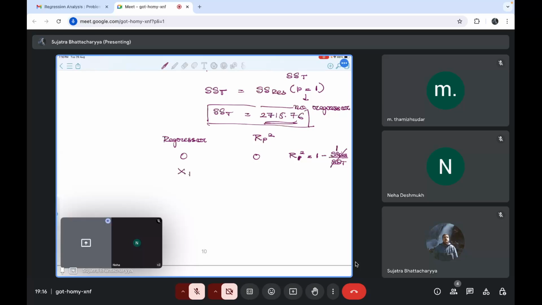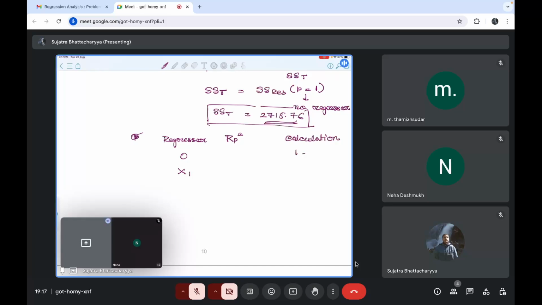For X1, what will it be? R_2 square will be 1 minus SS residual, which in this case is 1265. Calculations you can also do, it's fine.